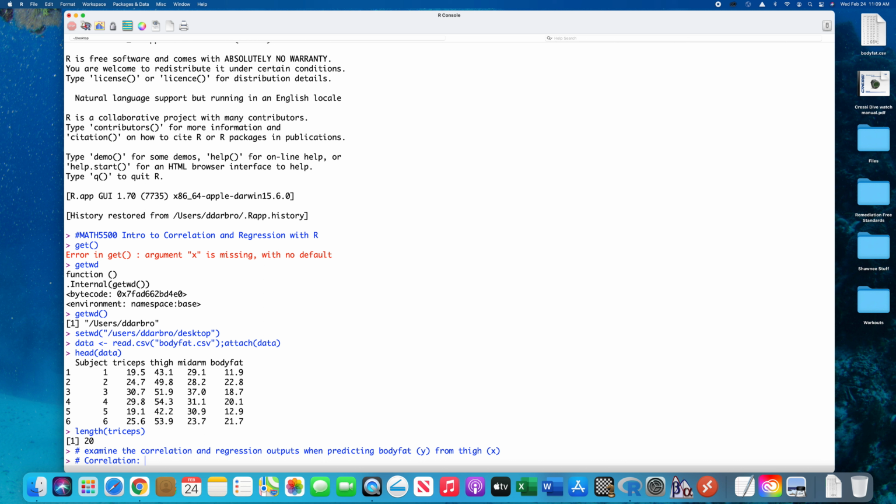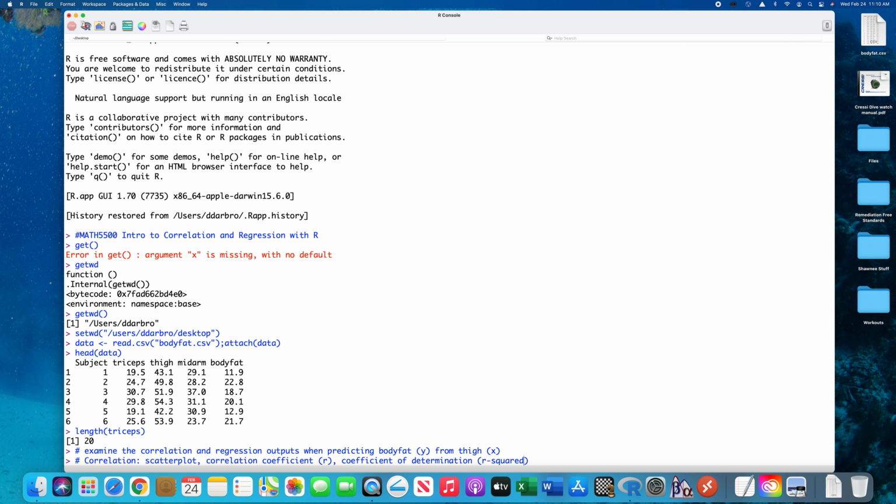this morning. Correlation, I want to look at 3 things. I want to examine a scatter plot, which is just a picture of the relationship. I want to look at the correlation coefficient, which is my R value, and I want to, sorry, I'm not talented enough to speak and type.